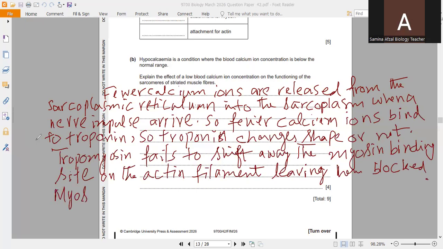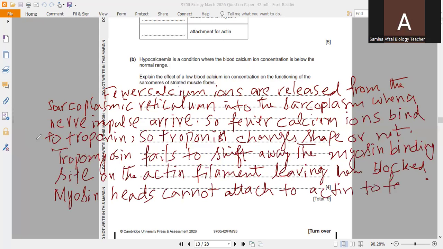Myosin heads cannot attach to actin to form cross bridges.